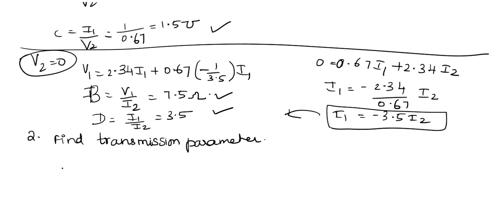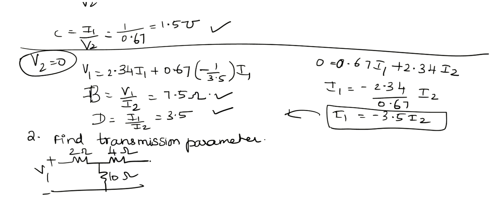Clear? And the diagram will be 2 ohm, 4 ohm, and 10 ohm. So I am giving a simple sum: 4 ohm and 10 ohm resistance, with V1 and V2, your I1 current, and this is your I2 current. Write the equation V1 will be equal to blah blah, and then V2 will be equal to.